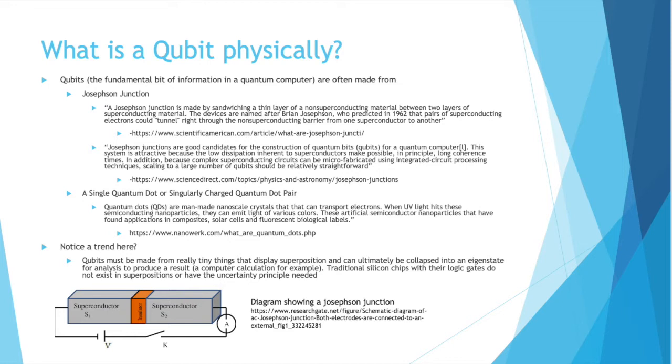That low dissipation means that there can be long coherence times. So long times that you can view the collapsed state. Also, Josephson junctions are easy to scale up in production, at least compared to other types of qubits, which is good because if we want practical quantum computers, we need more than just 3 or 4 qubits.